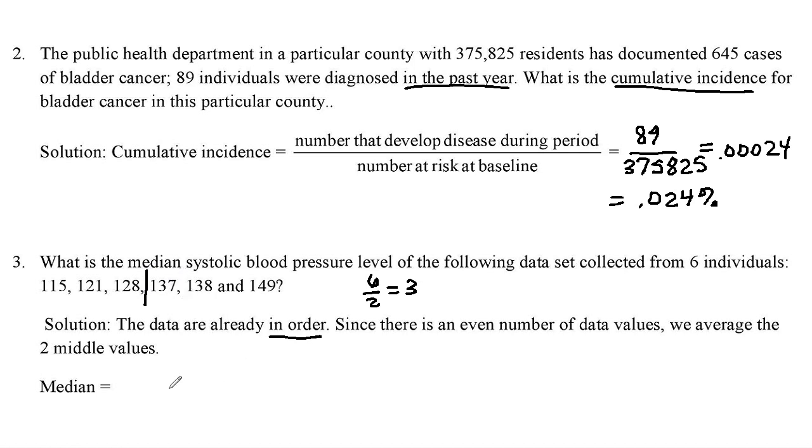And in the case where there's 2 middles, remember what you do is you average the 2 middles. So our median here is going to be the 128 plus the 137, and then divide by 2, which is 132.5 if you key that into the calculator.